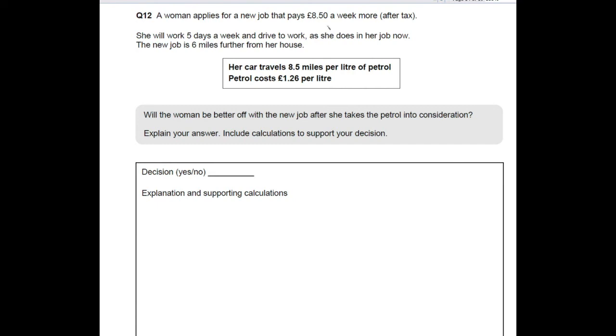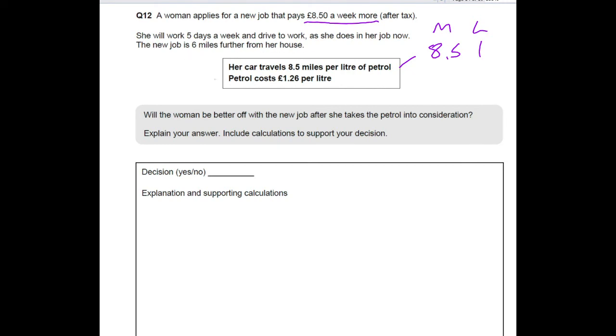So we know that she gets £8.50 a week more, so what we need to do is work out how much the extra petrol will cost for that week. So her car travels at 8.5 miles per litre. So the new job is 6 miles further from her house.